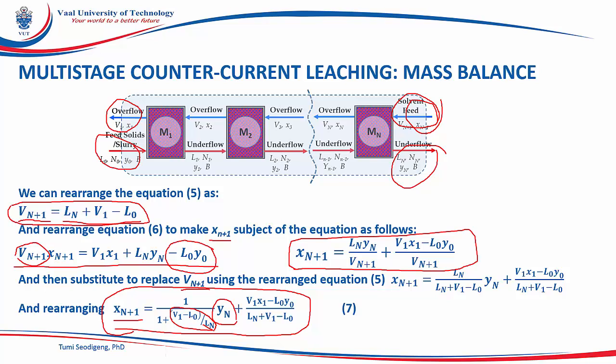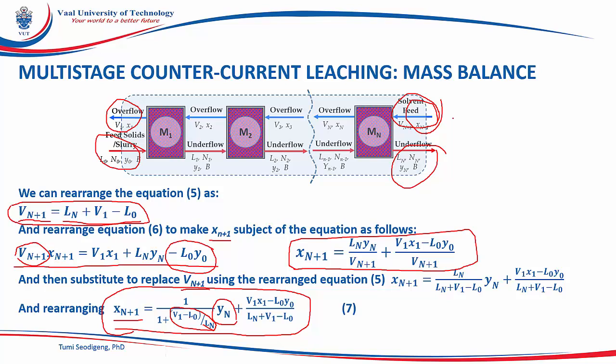In this situation, we have an operation called variable underflow. As you can see now, the solution in the underflow changes from being very high in the lower numbered stages to being a little bit less in the higher numbered stages. Please note that the overflow will also vary, as the overall mass balance has to be conserved and balanced. So the overflow, the V phase, will also change because the total solution balance has to be conserved.